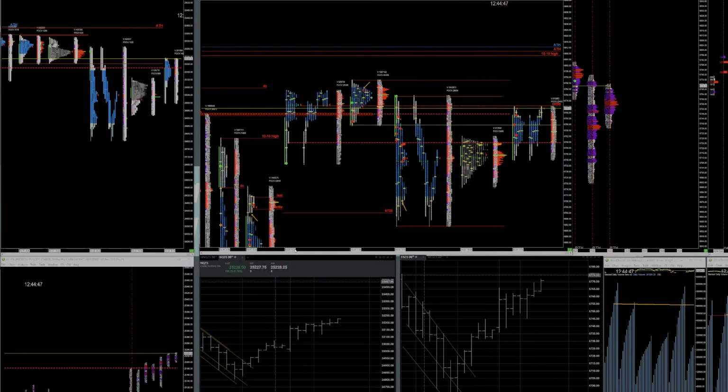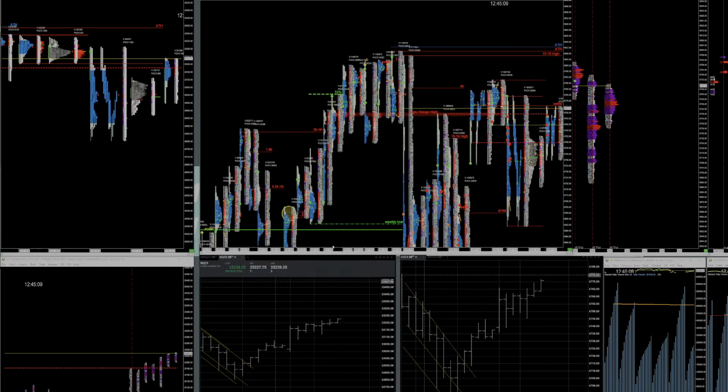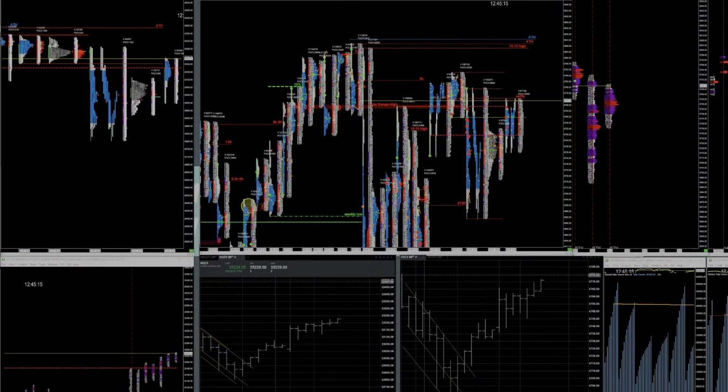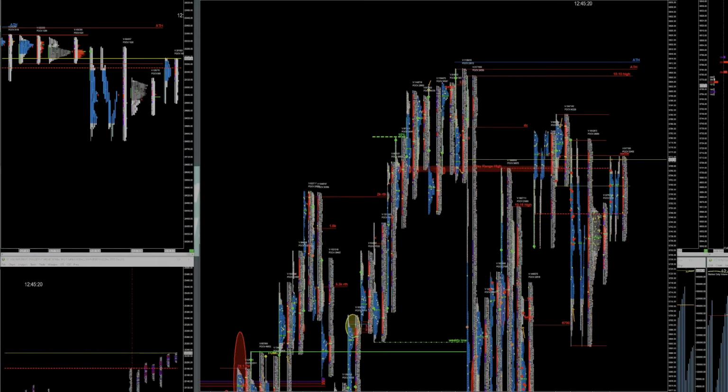At least for me, the expectation for the day after the type of day we had yesterday was some rotation, some rebalancing of the inventory, based on what triggered the sell-off yesterday.